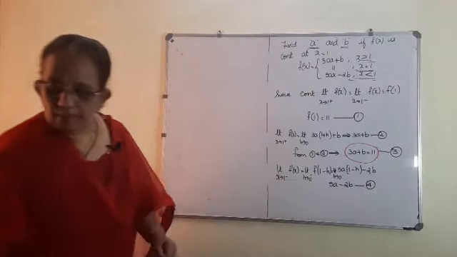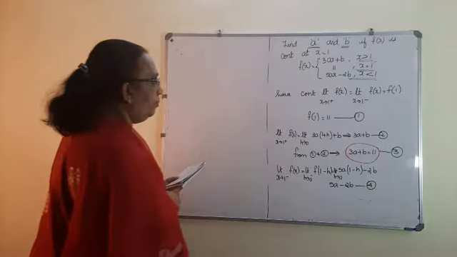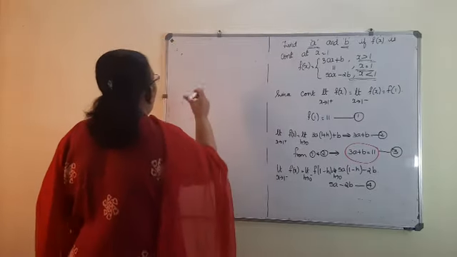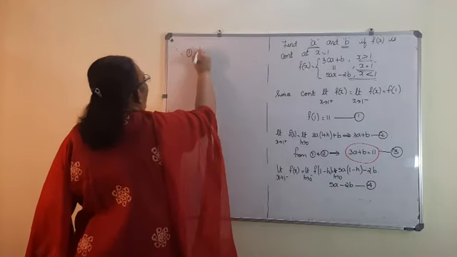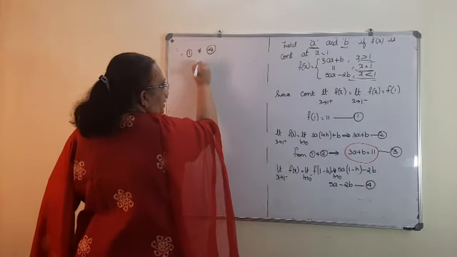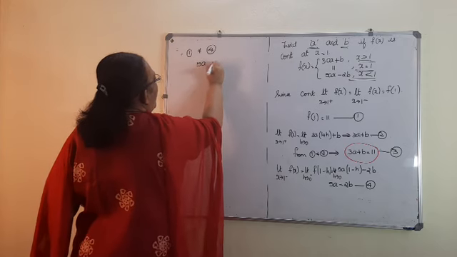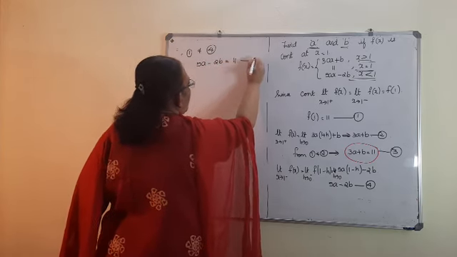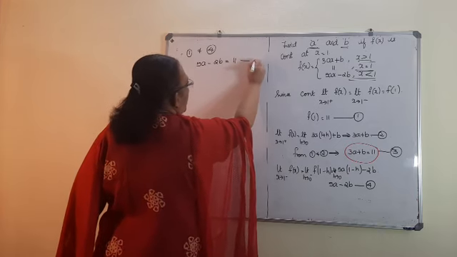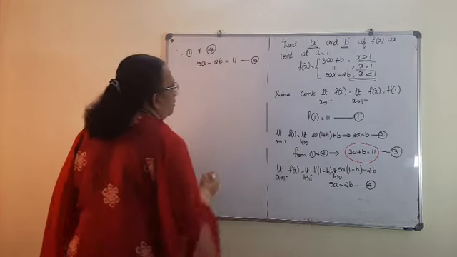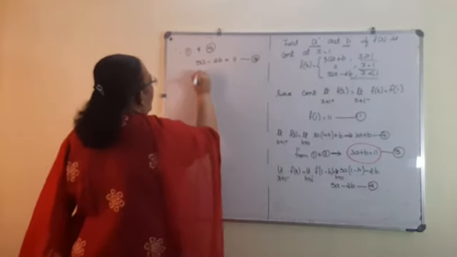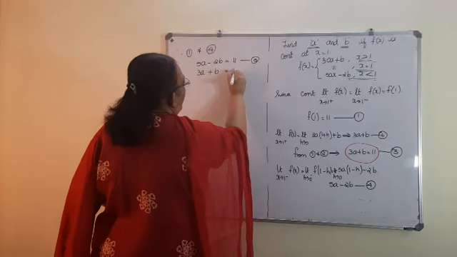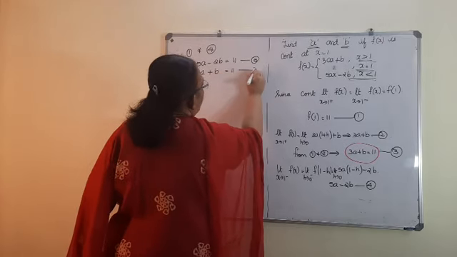From equation number 1 and 4, you get 5a minus 2b is equal to 11 because it is continuous. Mark that as equation number 5. 3a plus b is equal to 11, which is equation number 3.